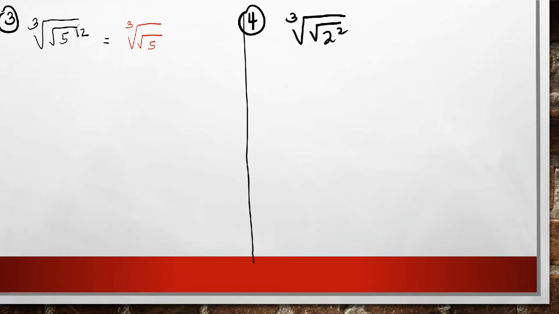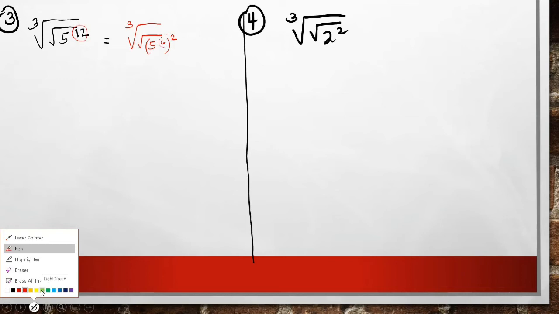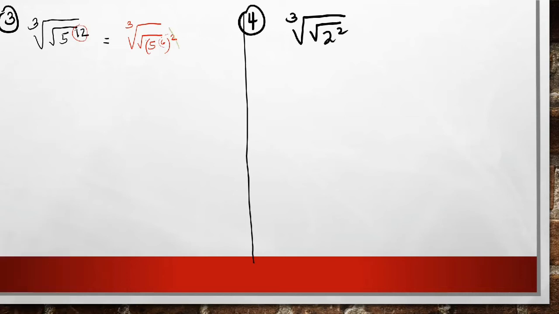So therefore, it is 5 to the power of 6 times the power of 2, and it becomes 12 with the original exponent. And then we can cancel out the like index and exponent. Then the remaining is the cube root of 5 to the power of 6.